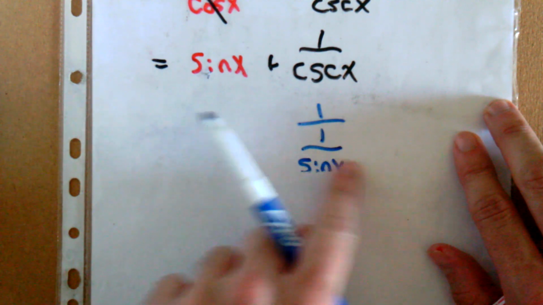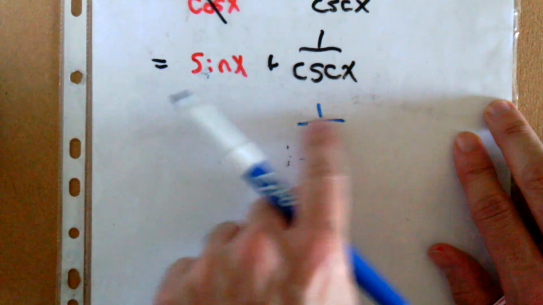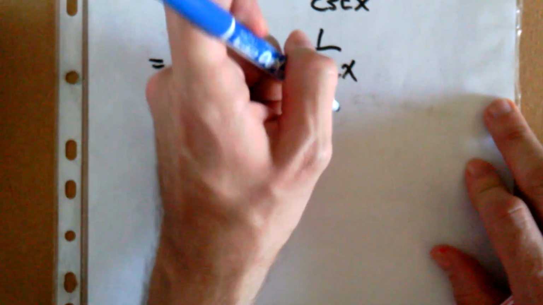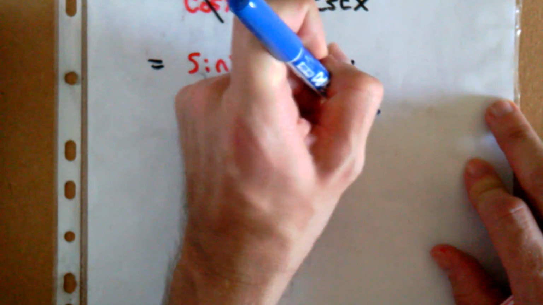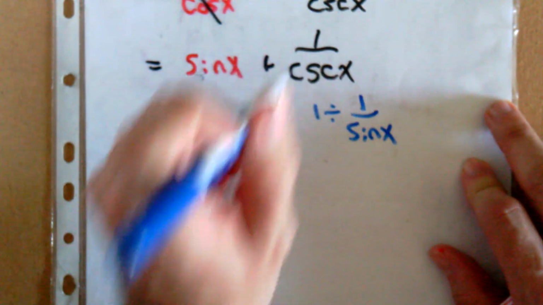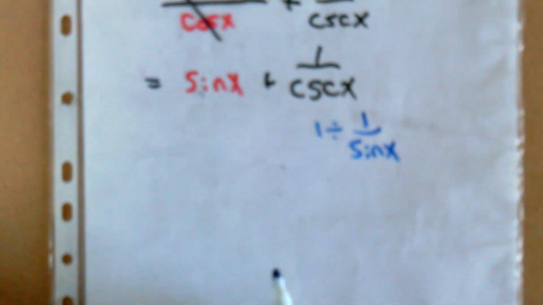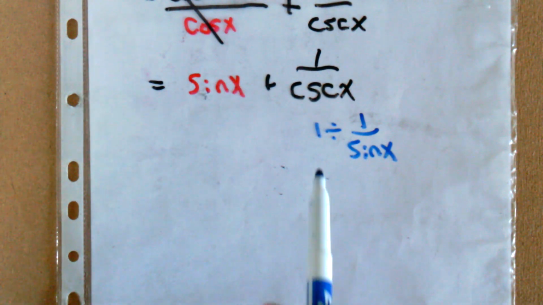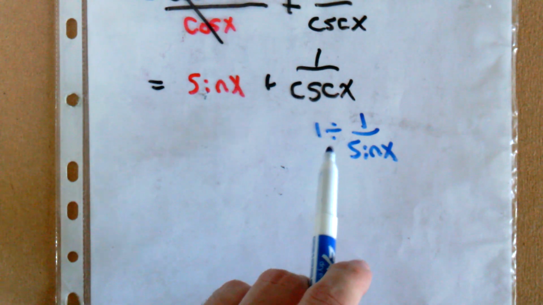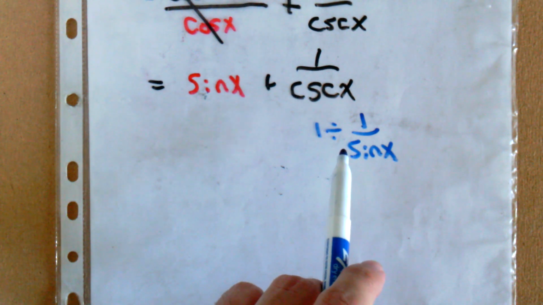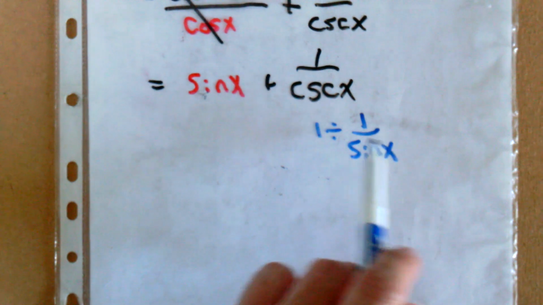So I'm going to write it as 1 divided by 1 over sine. So that looks a lot easier to solve. But it's the same thing. Okay, so remember, when we divide fractions, we need to change it to multiplication and take the reciprocal or flip it.